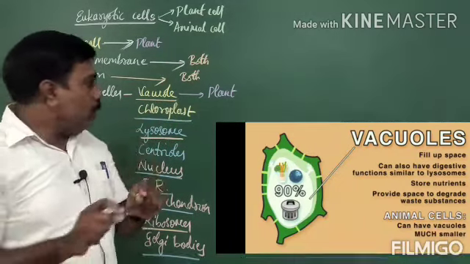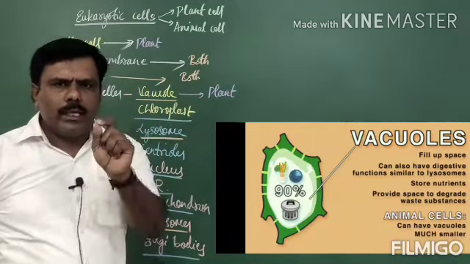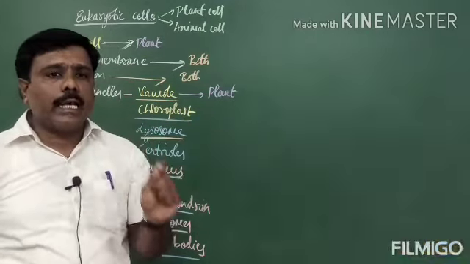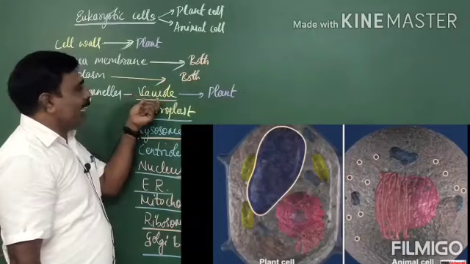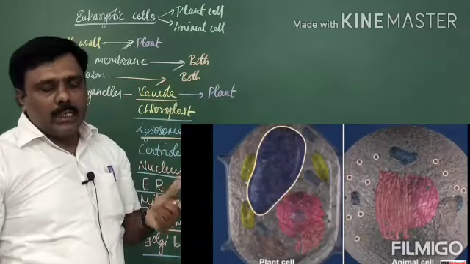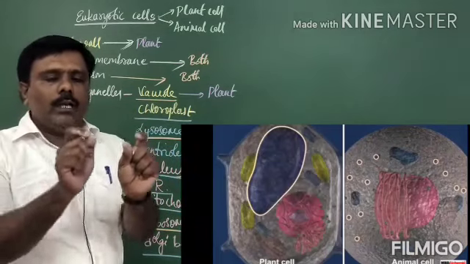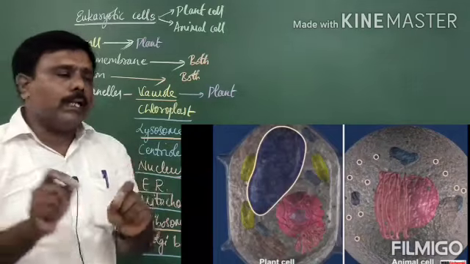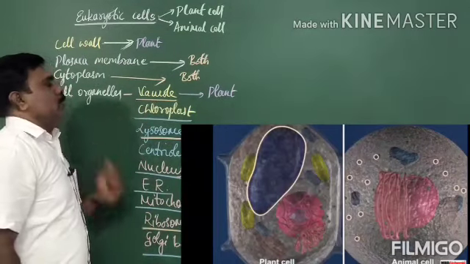In the animal cell, there may be vacuoles, but they are very small in size. Therefore, vacuoles are found mainly in plant cells. They store food materials, water and other substances.